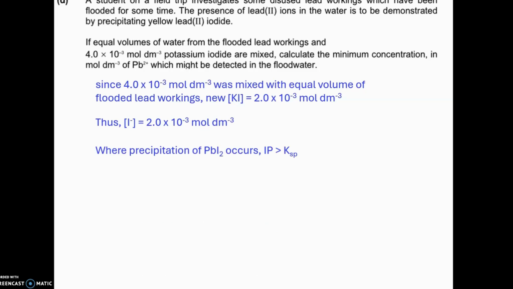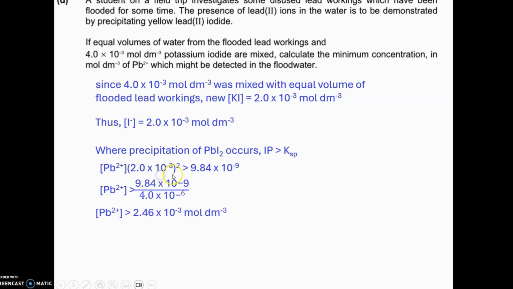And for the precipitation of PbI2 to occur, the IP, the ionic product of PbI2, must exceed the Ksp. So we are going to form an inequality and substitute in the concentration of iodide ions. And we will get that the Pb2+ ion concentration after mixing must exceed 2.46 times 10 to the power of negative 3 mole per dm cube.